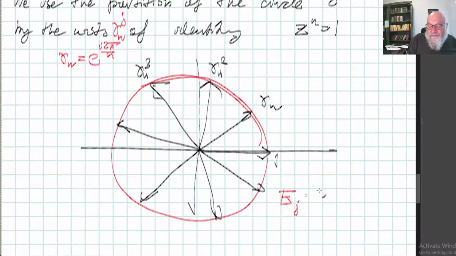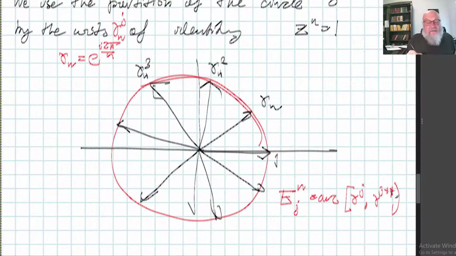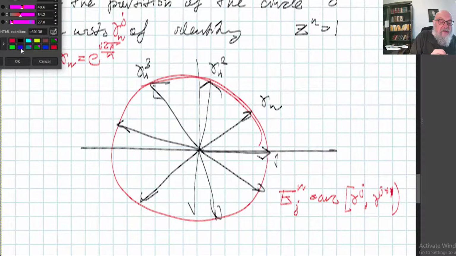E_j^n will be an arc on the circle, starting at the point, for example, γ^j, and going to γ^{j+1}, but that endpoint does not belong here. So let me indicate it.